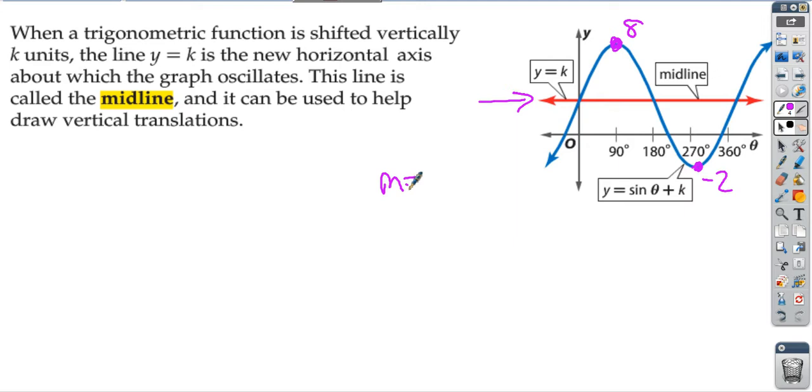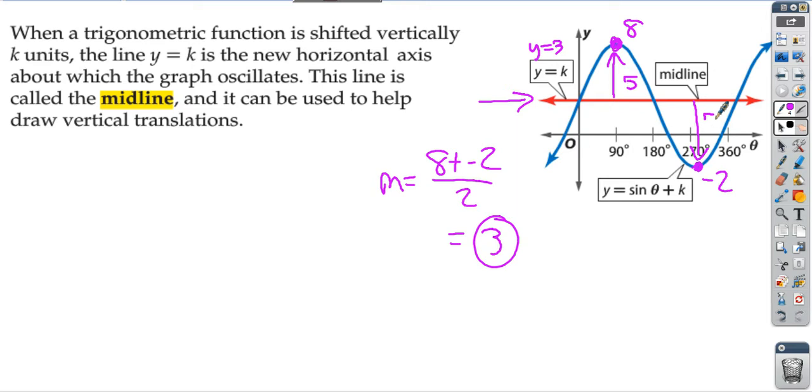You would find the midline by finding the average, which means add them and divide by 2. 8 plus -2 is 6, and 6 divided by 2 is equal to 3. So that means this midline would be y equals 3. The distance from 3 to 8 is 5, and the distance from 3 down to -2 is also 5. So that's how you know that it's the correct midline, if the distance from the peak is the same as the distance to the low point.